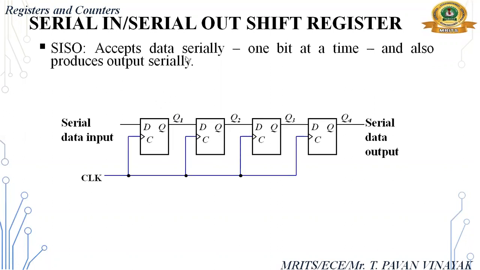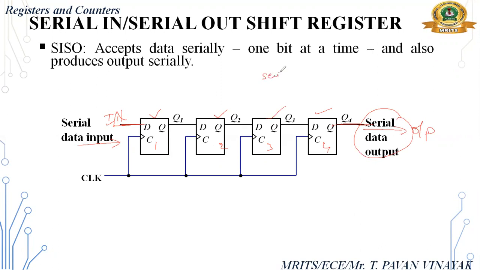It looks like a right shift operation only. We have four flip flops, 1 2 3 4. The first flip flop takes input externally, and the last flip flop will give output.